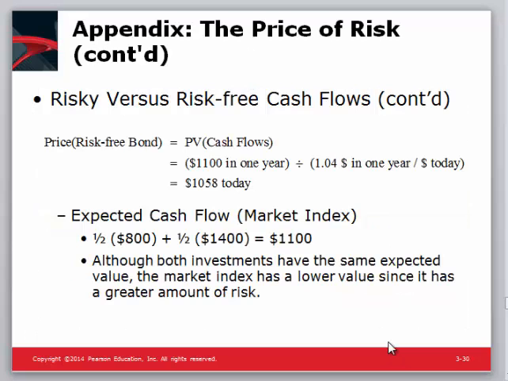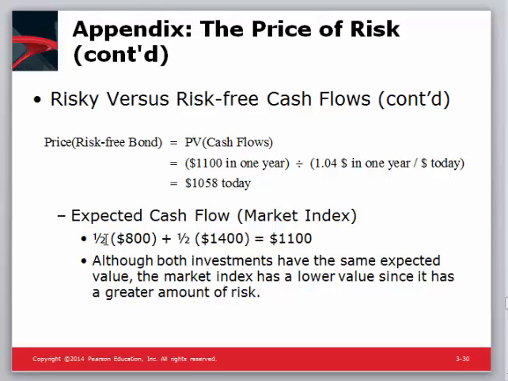So how do we ultimately figure this out? What's the price of the risk-free bond? Well, $1,100 in 1 year divided by 1.04, based on the risk-free rate of 4%, tells us that this bond is worth $1,058 today. And of course you can see that that's the price tag. So what's the expected cash flow from the stock market? Well, you just take the weighted average.